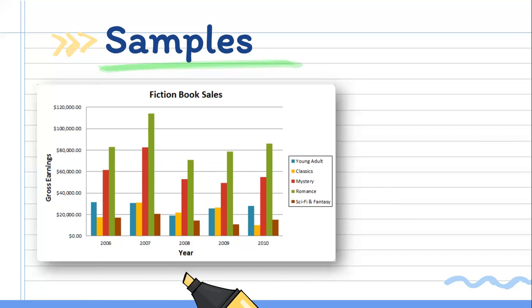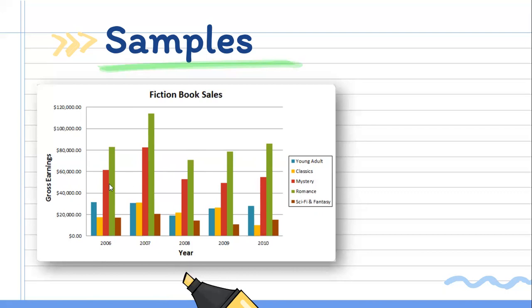Mystery and romance have a significant difference compared to the others, so I will group these two into one small group, and the other will be another group to compare.